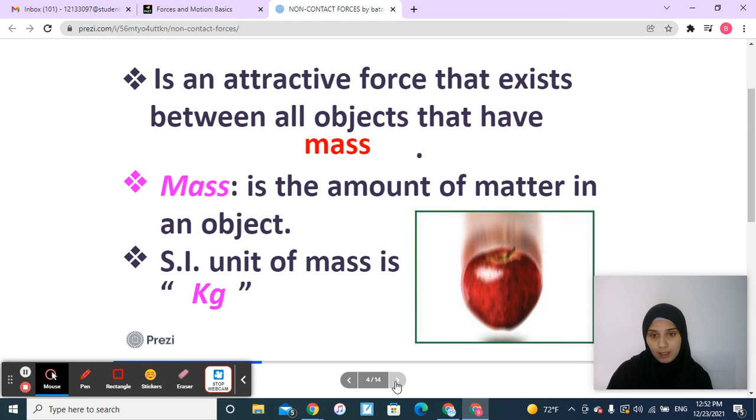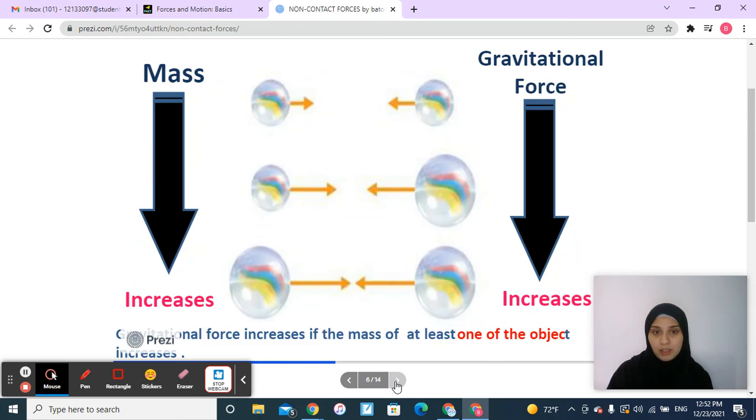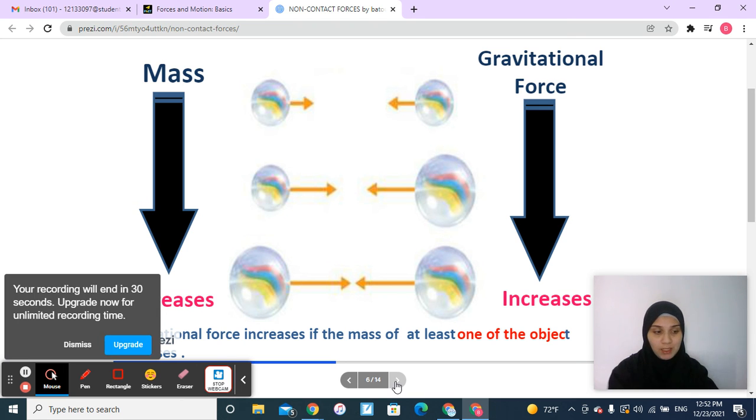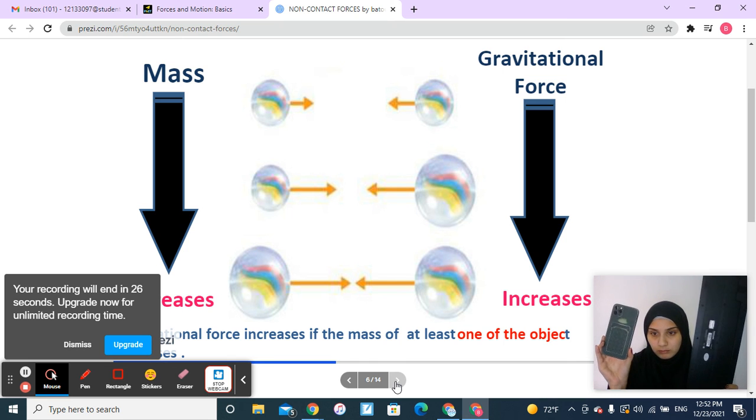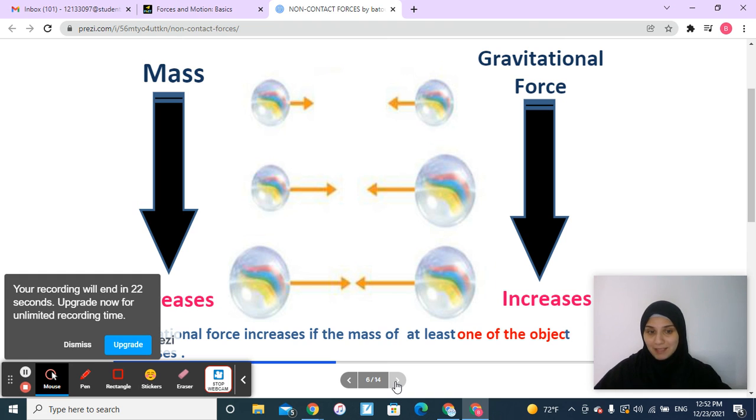And you all know that the SI unit of mass is kilograms. Now I just need you to focus on this. Whenever the masses of two objects increase, let's say I replace these two objects by bigger objects like this, bigger objects mean that the mass increases.